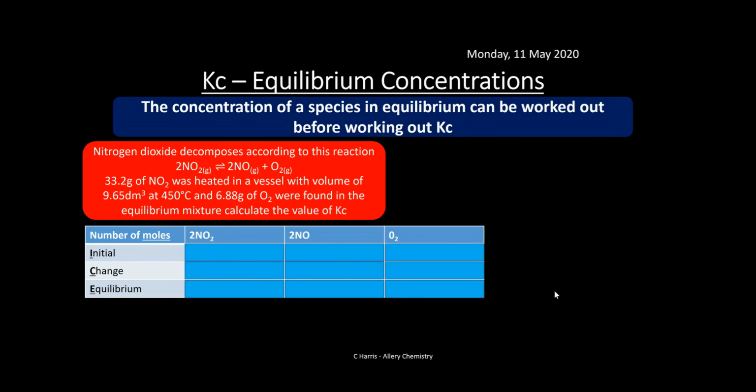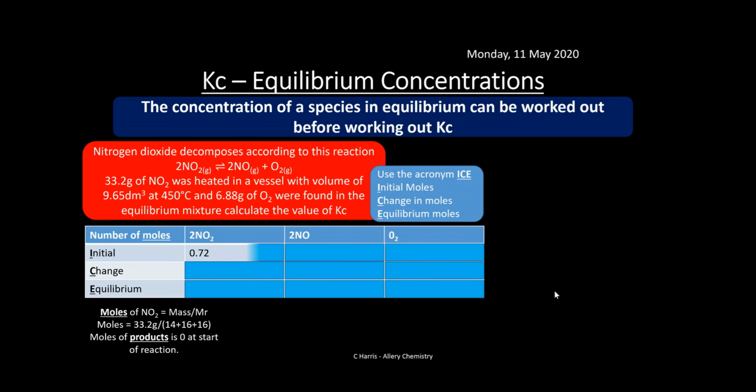If we take the first letter of each, it spells out the acronym ICE: initial moles, change in moles, and equilibrium moles, and we'll see how that works. The first thing we need to do when we draw out this table is fill in the numbers for the initial side. Like I say, you might use a different method.